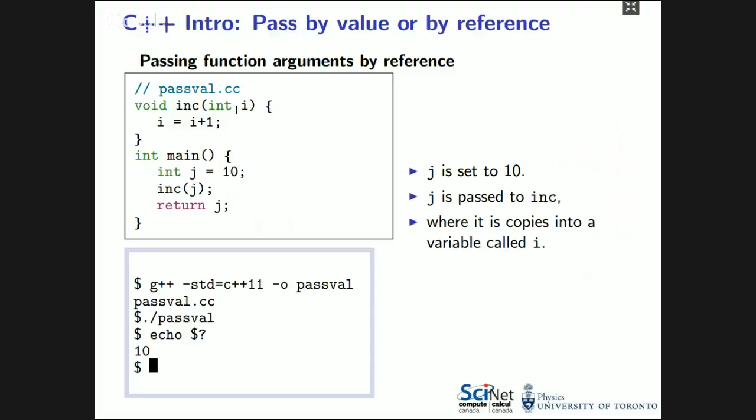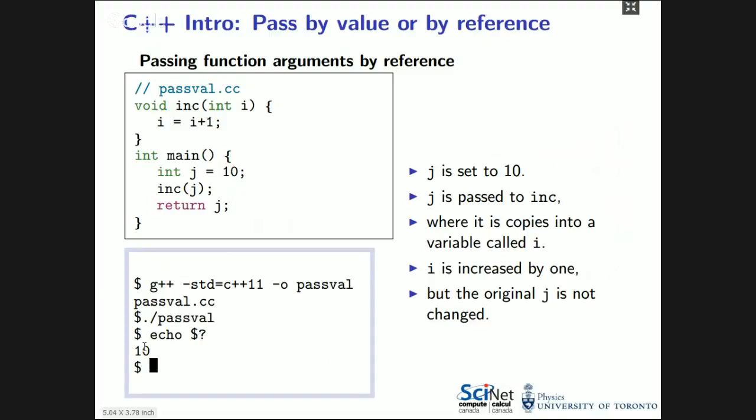And so what this actually does is it copies the value of j into i. i is a new variable inside the function. And then that variable inside the function surely gets increased by 1. But since it was a copy, it was not the original variable. With j, nothing has happened. And that's why when we return j, we just get 10 because j hasn't been changed.